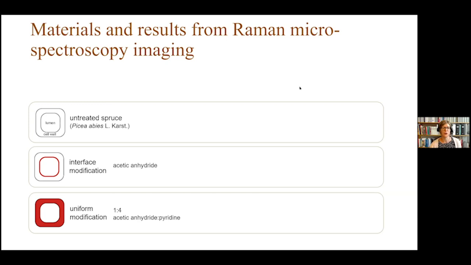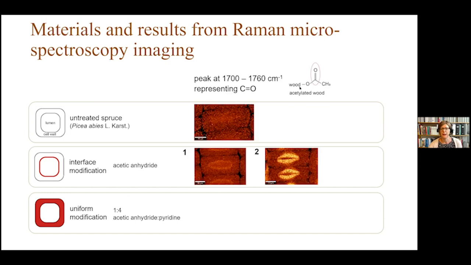Then, of course, we wanted to know whether these modifications worked as we hoped. So we used Raman microspectroscopy imaging to figure that out, and here are some results from those measurements. What we see in this picture is the peak that represents the C=O bond, which is seen in the acetylated parts of the wood. The more yellow the images are, the higher the degree of modification in the wood.